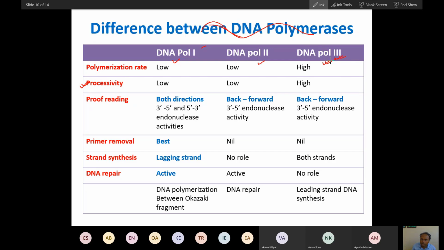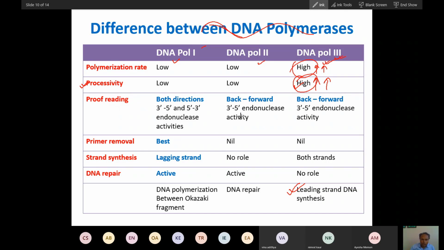DNA polymerase 3 has very high processivity, so that is why it synthesizes the leading strand. And the polymerization rate is also very high. These two functions make this DNA polymerase very capable of synthesizing the leading strand.